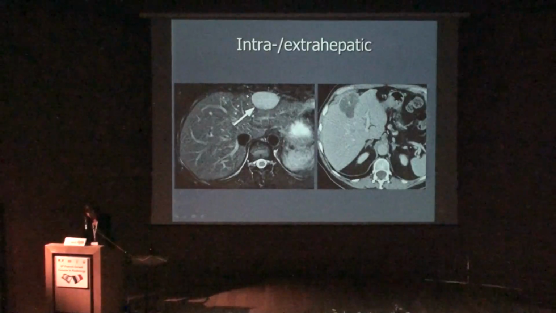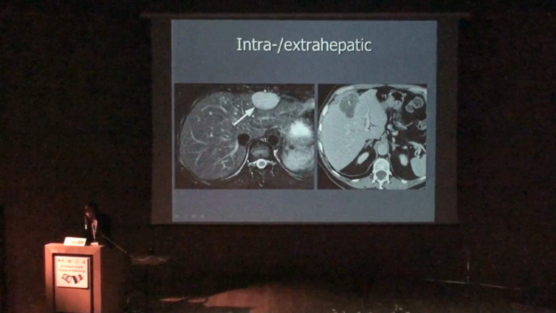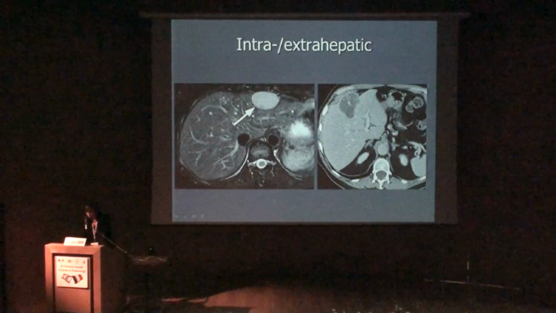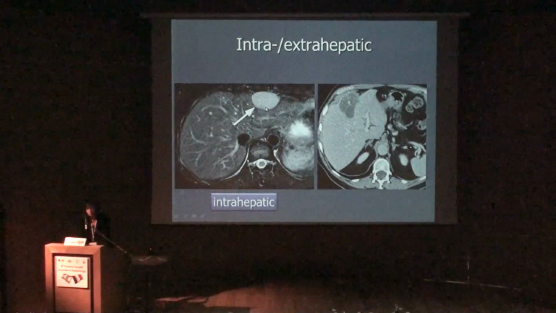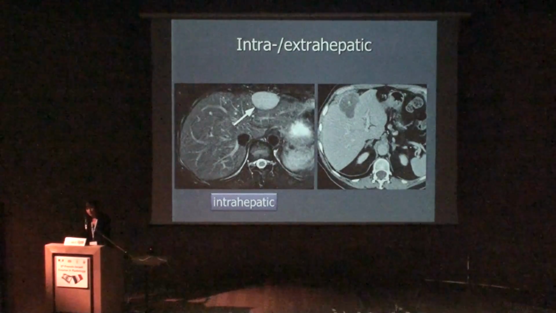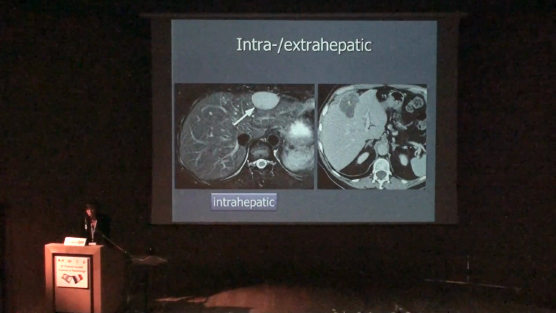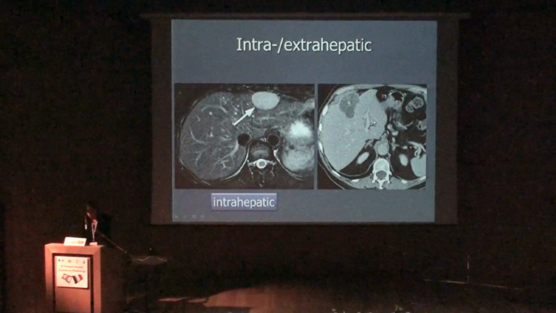What about that one? Here we can see that there are some pieces of liver that go along the lesion. So this lesion is intrahepatic subcapsular, and actually it was intrahepatic splenosis in a patient who had a splenectomy for trauma years ago, and this one was an extrahepatic lesion.